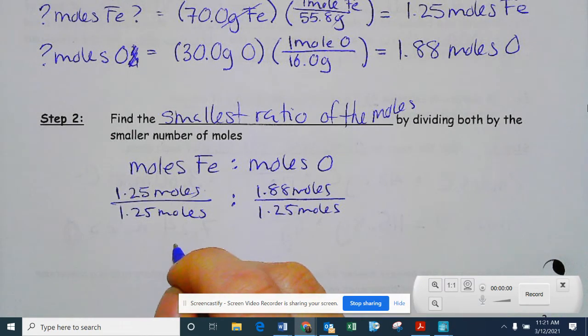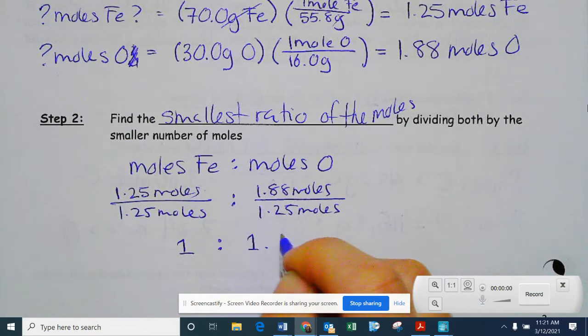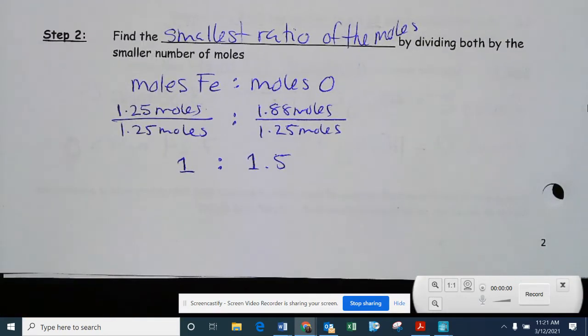So here, this one's a little bit trickier. 1 to 1.5 is what I'm going to get. So 1.5 is a much bigger number than that 2.01 we had up at the top, right? 1.5, that's almost 2, right? So I'm not going to round this. What we're actually going to do is find a number that we can multiply both sides by and end up with a whole number.